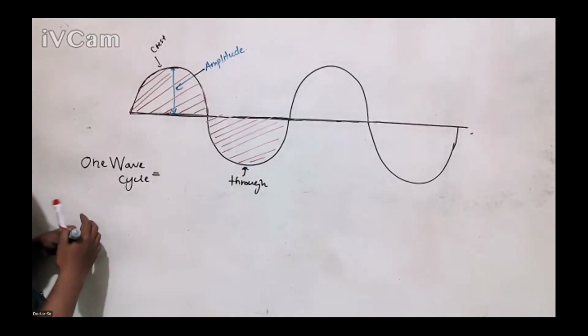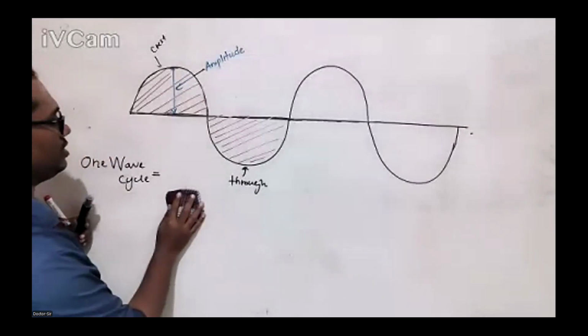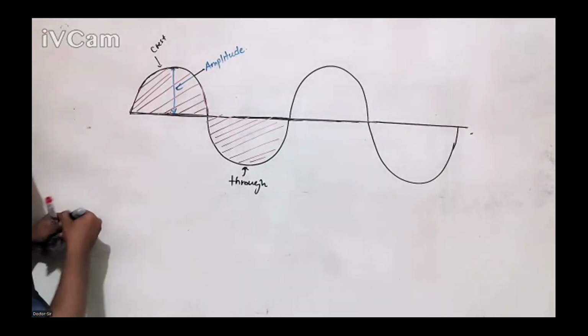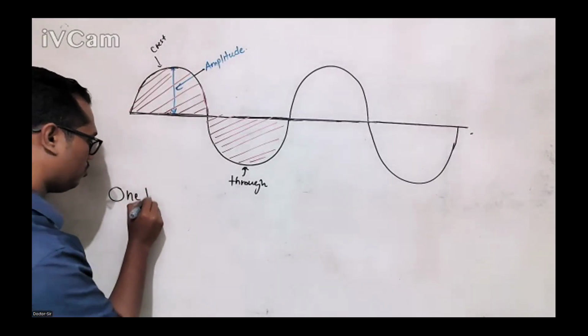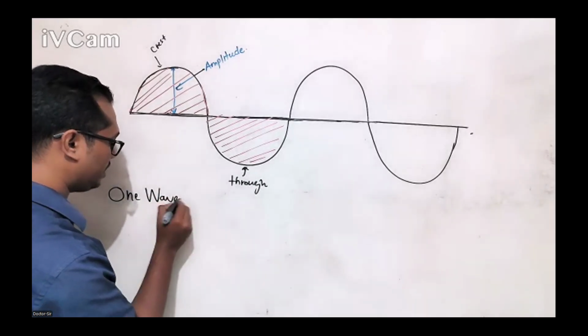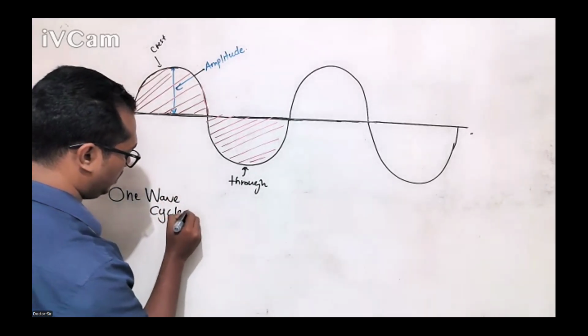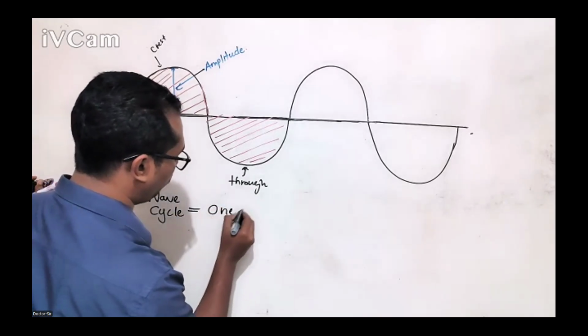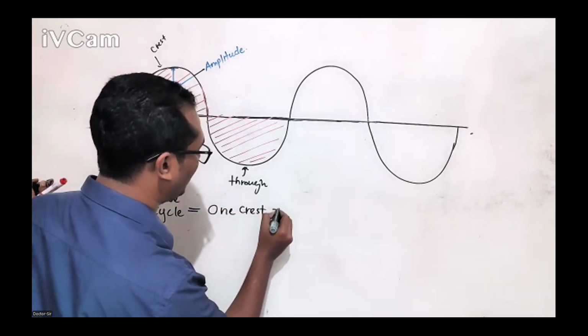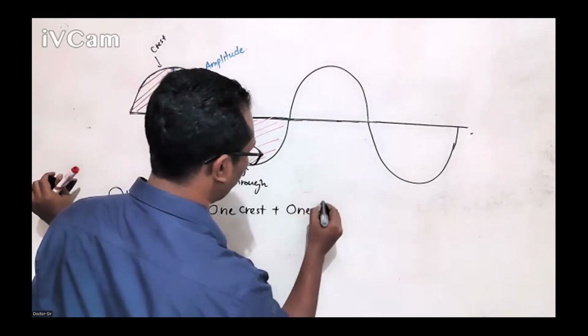We can write down: one wave cycle equals one crest plus one trough.